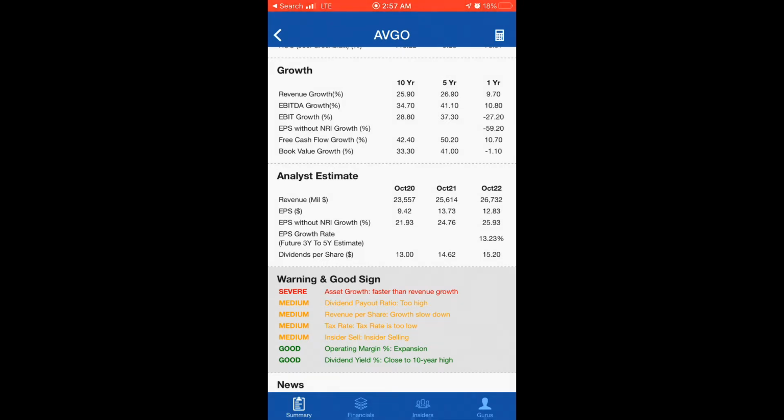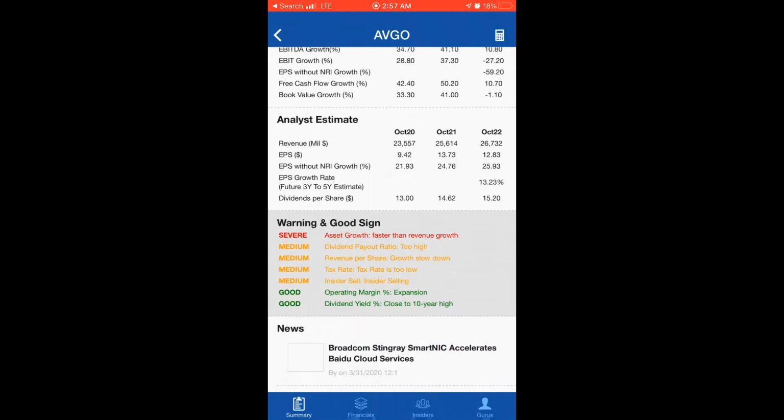The estimate for 2022 is lower than 2021, but still higher than 2020. Sometimes in 1 year the EPS jumps way too much, and then it goes down a little bit. But as long as it doesn't go down below what the last 2 years were, which is 9.42, then it's okay.